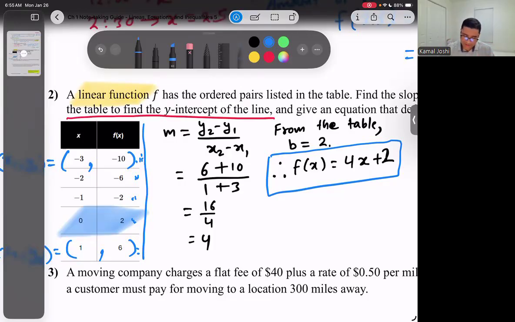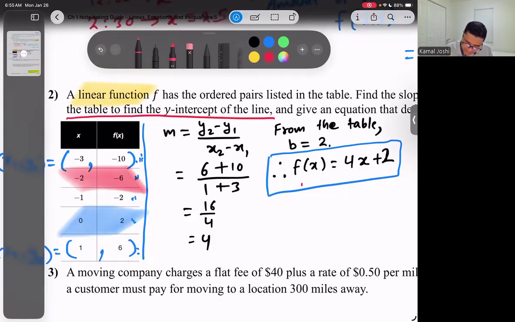The other method would be just like this. You can use any 2 points to find the equation of the function, and then plug in the value of x for the rest of the points and verify that it is actually satisfying. So for example, I'll demonstrate that to you. Suppose I were to take the second point from here, minus 2 comma minus 6, right?